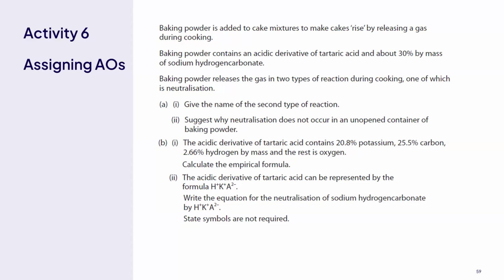Here's the next one. Baking powder is added to cake mixtures to make cake rise by releasing the gas during cooking. Baking powder contains an acidic derivative of tartaric acid and about 30% by mass of sodium hydrogen carbonate. Baking powder releases the gas in two types of reactions during cooking, one of which is neutralization. So, A1, give a name of the second type of reaction.